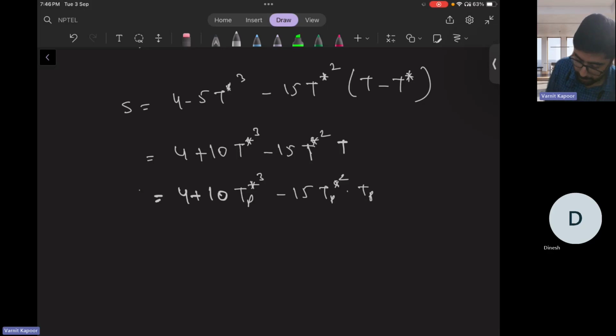Your source term is written like this: this is your SC, the constant value, and this is your SP TP.